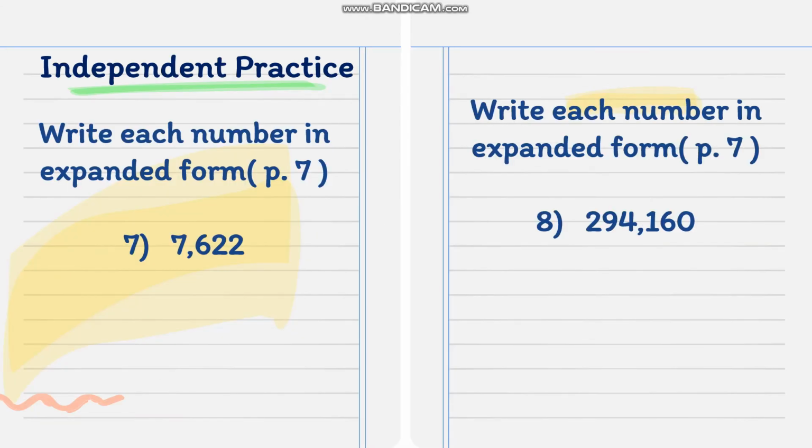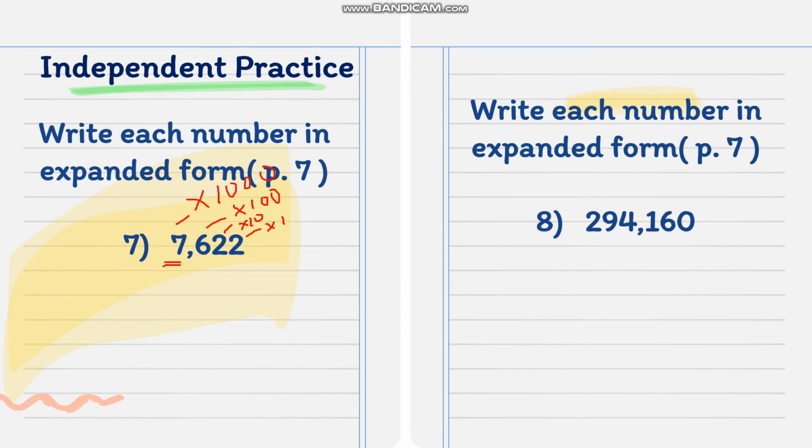Next, write each number in expanded form. Again, when we're going to find the expanded form, we need to identify first the place in order to get the value. So 7 is in which place? Ones, tens, hundred, thousand. So multiply by 1,000. 6 must be multiplied into hundreds because ones, tens, hundred. 2 multiplied by 10, and another 2 is multiplied by 1.